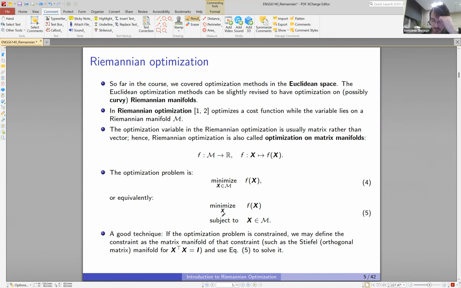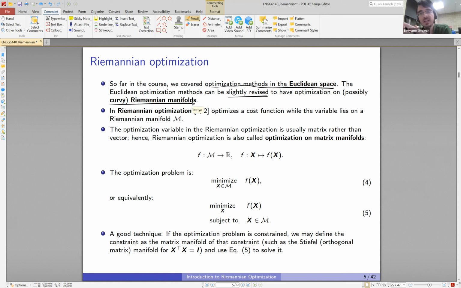Now, so far, whatever I have said in my course, I covered optimization methods in the Euclidean space. The Euclidean optimization methods can now be slightly revised to have optimization on possibly curvy Riemannian manifolds.